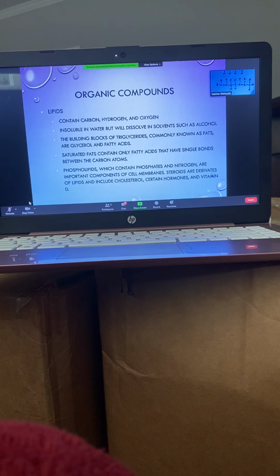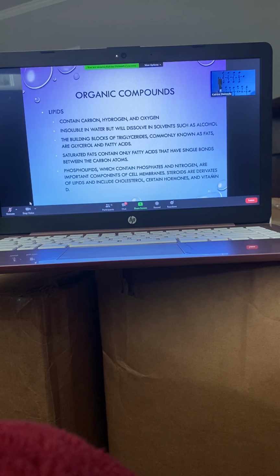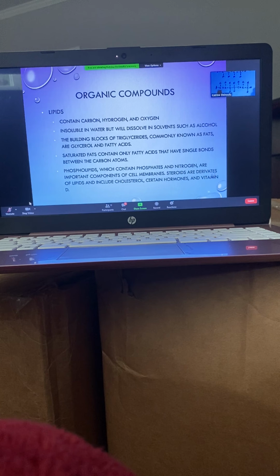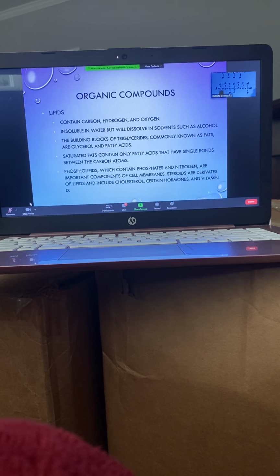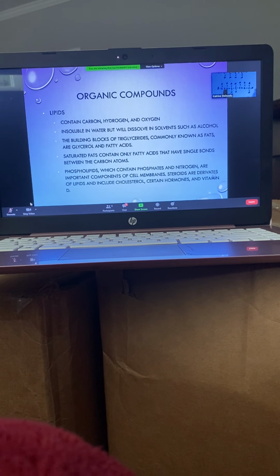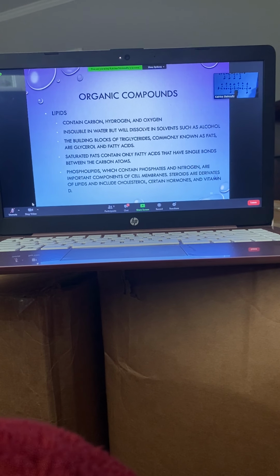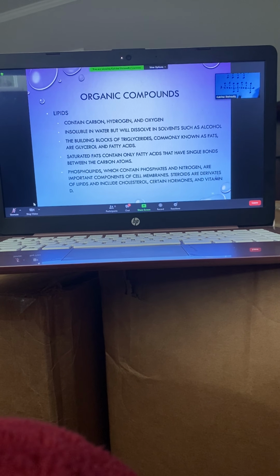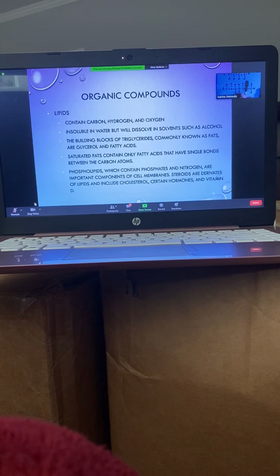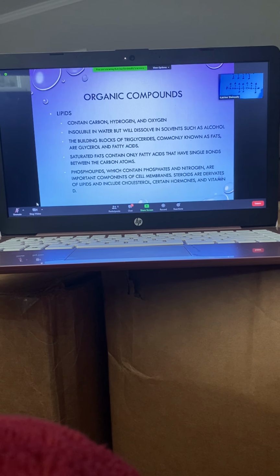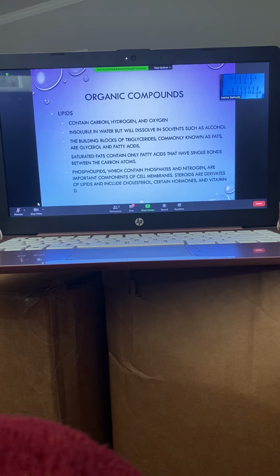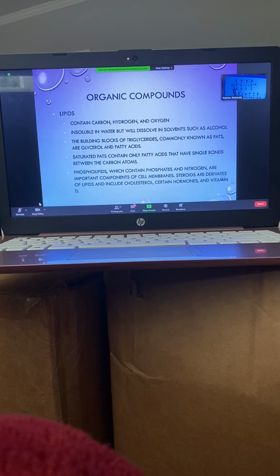You get something like this. So instead of having just a single bond, if you have something that looks like an equal sign, that's a double bond. There's a double bond here, and there's a double bond here. So you're not quite surrounded by all these hydrogen atoms like you were if you had a saturated fat.